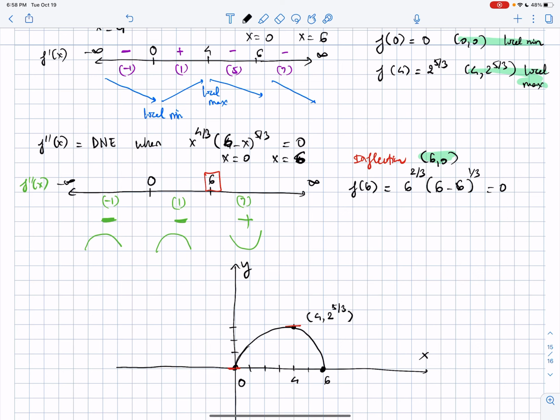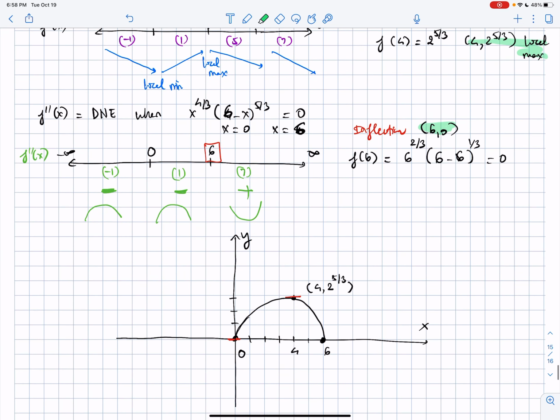It's concave down on this interval right here, and then we have concave up. That means at (6, 0), this is the point where we change from concave down to concave up. So we will have it like this.